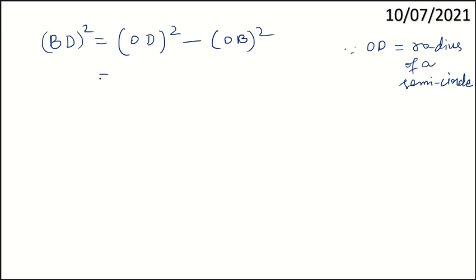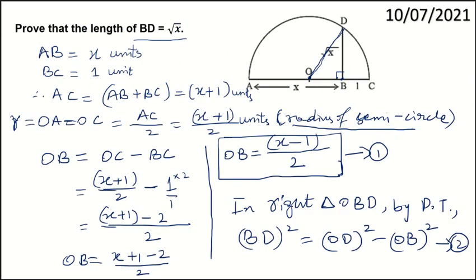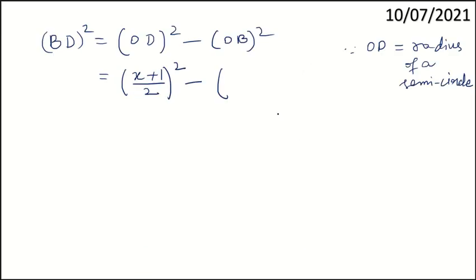We will substitute ((x plus 1)/2) whole square instead of OD square, minus we already found OB as (x minus 1)/2, so I am substituting (x minus 1)/2 instead of OB.